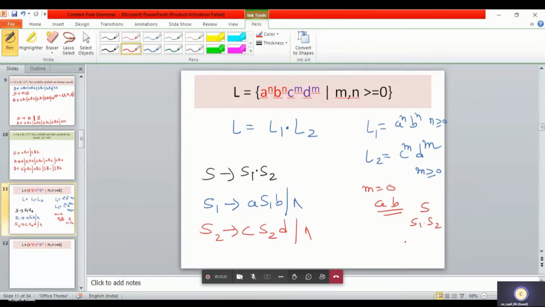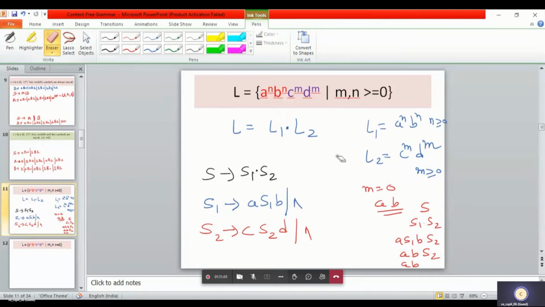Now from S1 we'll get A S1 B S2. Now we have AB S2, and we'll replace S2 with null. So you can get AB. Similarly, if you take n equal to 0, you will get CD as a string. You can also try that example.